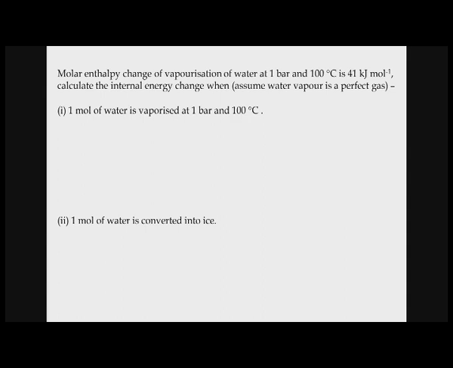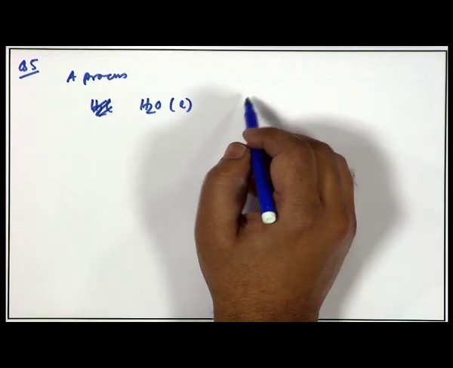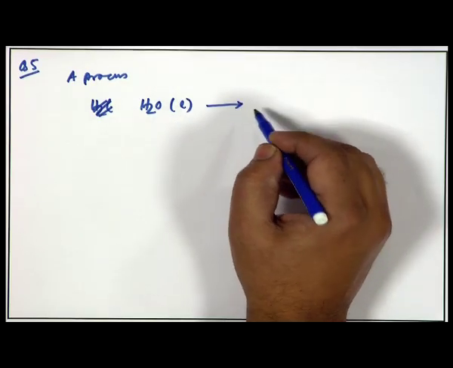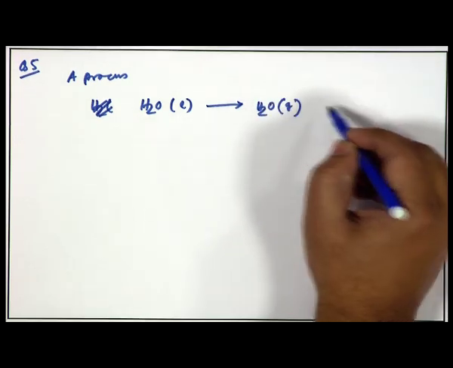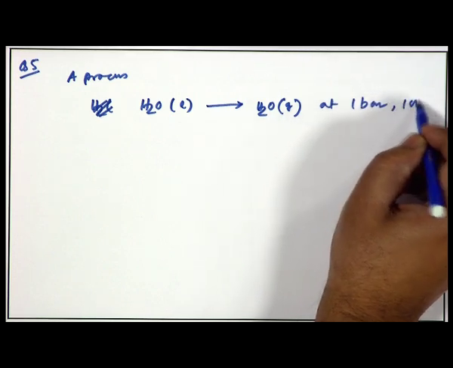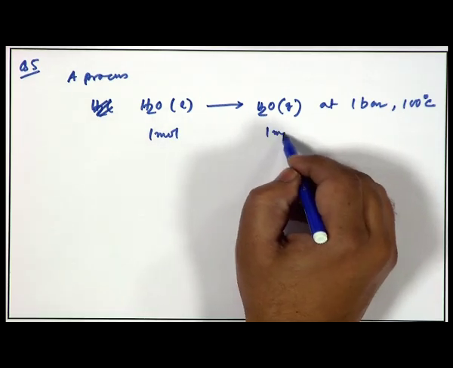So, this is basically a vaporization process, where 1 mole of water is vaporized at 1 bar and 100 degree centigrade. H2O liquid to H2O gas at 1 bar, 100 degree centigrade, and we are talking about 1 mole here.